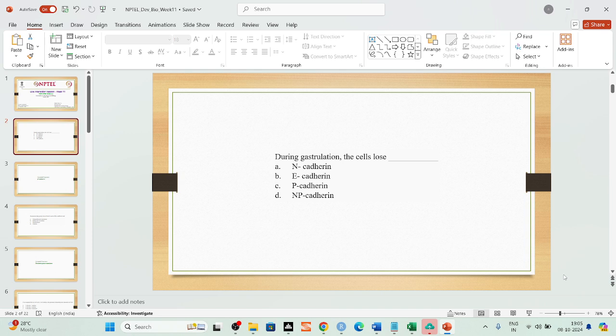After 1 minute, I'll switch the screen again. Okay, your time is up now. Now I'm going to switch the screen.